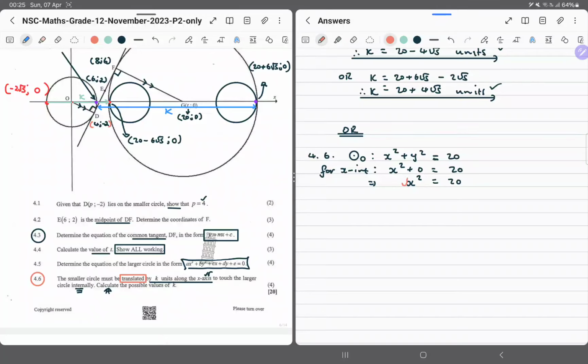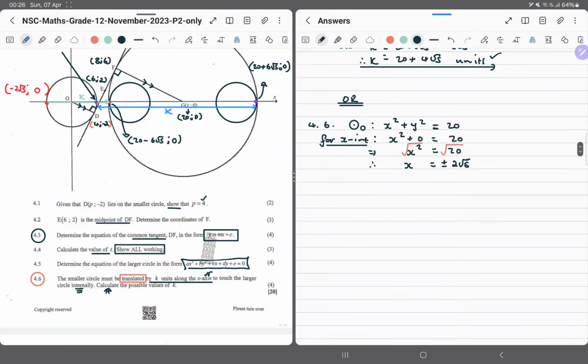Then we perform our gymnastics. We literally have x equaling plus or minus the square root of 20, which is 2 root 5. Nice and easy. Can you see? These are the x-intercepts. You leave it as that.